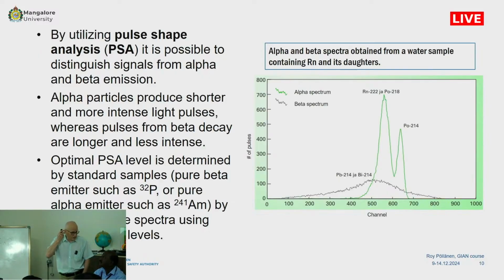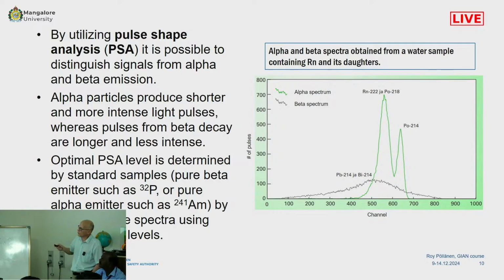So you can detect alphas if you utilize pulse shape analysis. So it's possible to distinguish signals from alphas and betas. So these are alpha signals here. These are signals for betas.